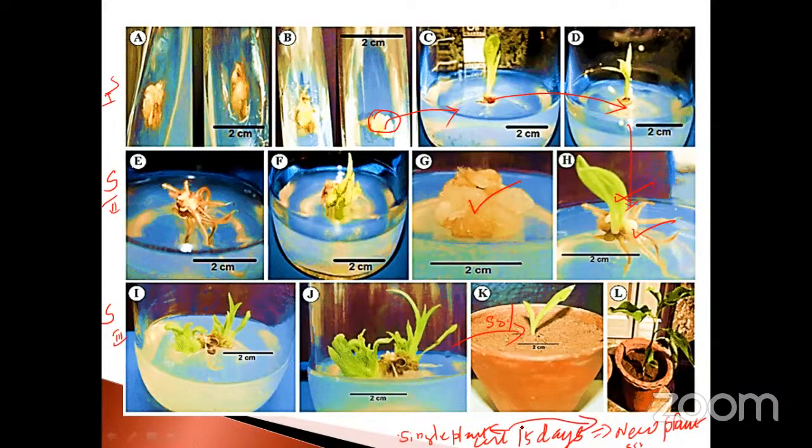This methodology is called tissue culture. Mostly it is used for seedless plants, and for plants completely eradicated, with nil production, in the world. Those plants we can also regenerate. That is very, very important.